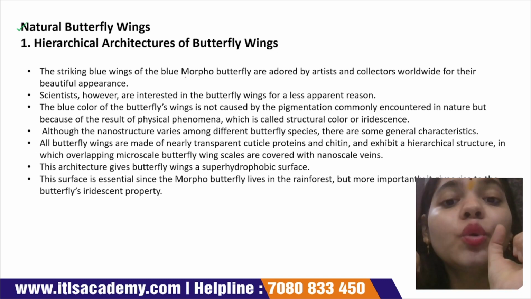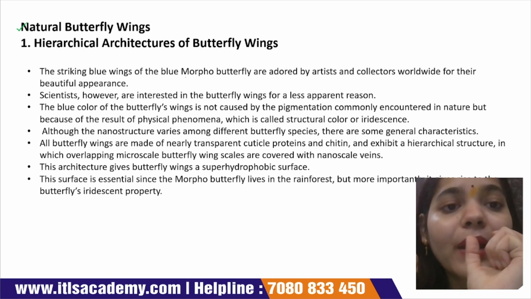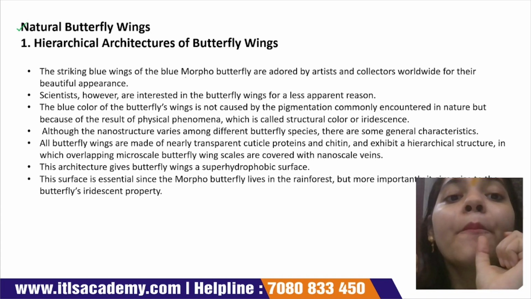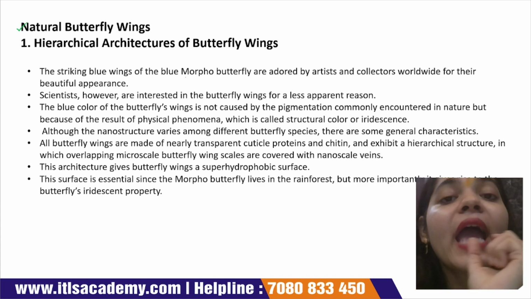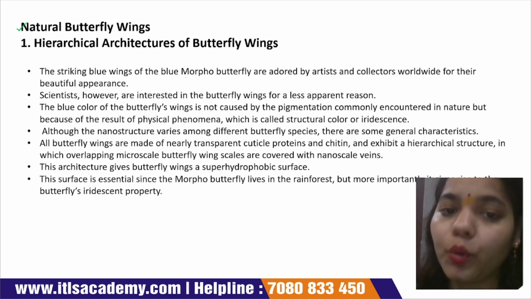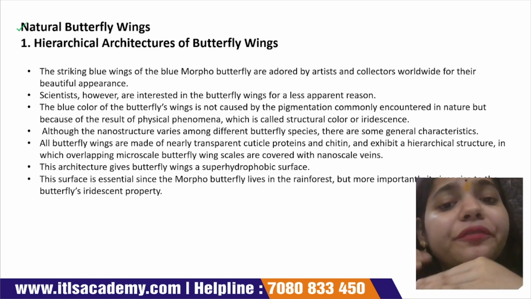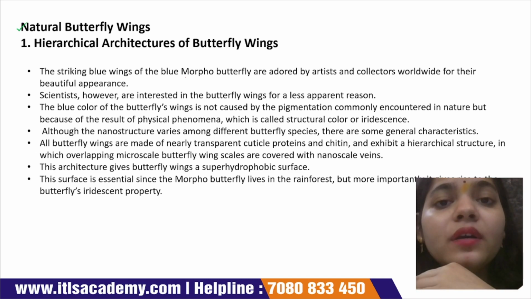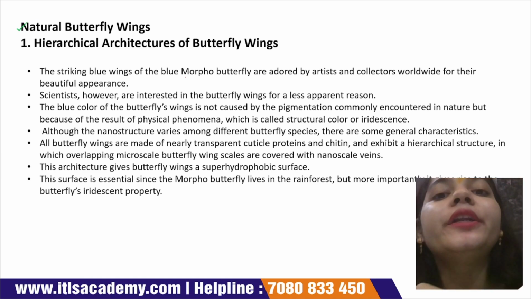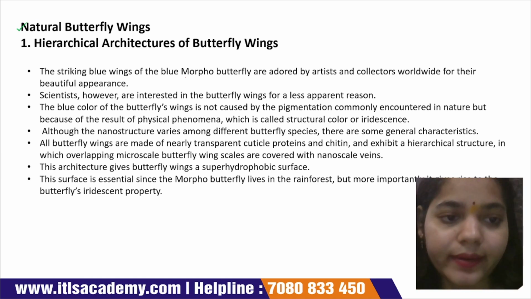It is a unique phenomenon, and it applies in butterfly wings. That's why butterfly wings appear very attractive, beautiful and blue in color. Although the nanostructures are different in different butterfly species, there are some common characteristics.